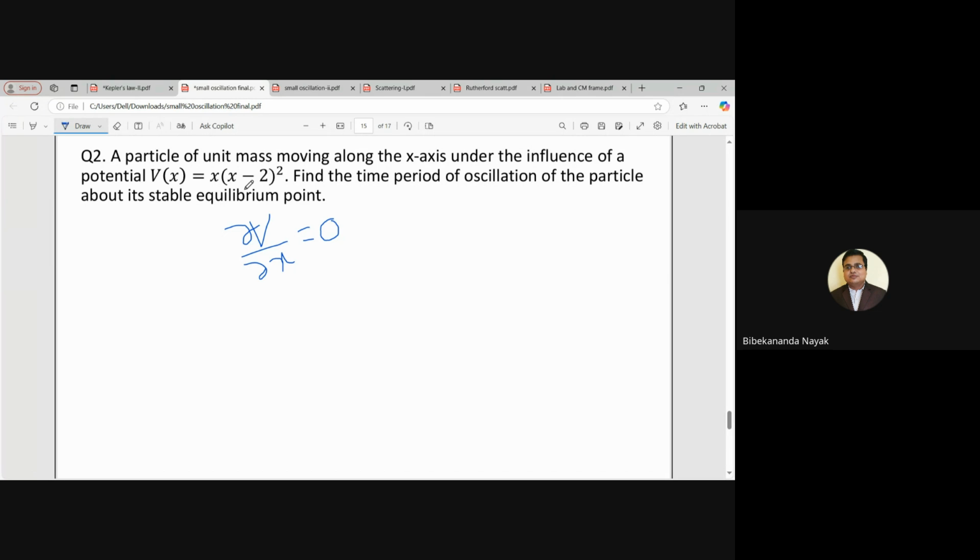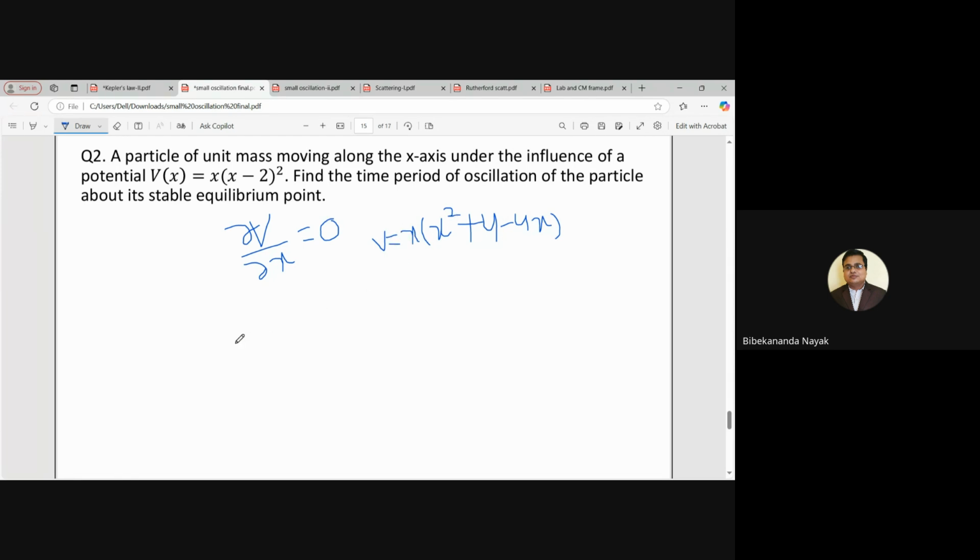Take its derivative. The potential is x into (x minus 2) whole square. (x minus 2) whole square means x square plus 4 minus 4x. This is our potential V. So calculate del V by del x.